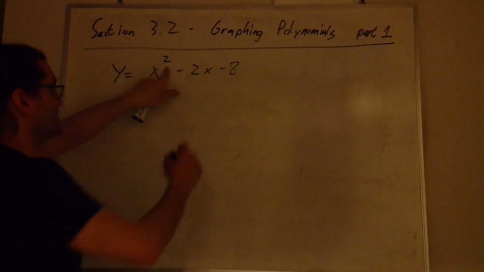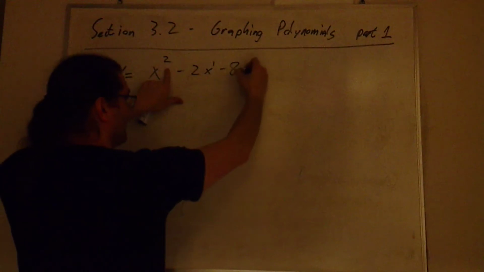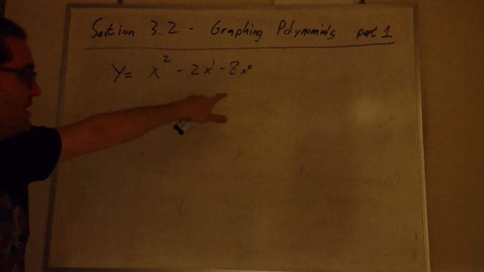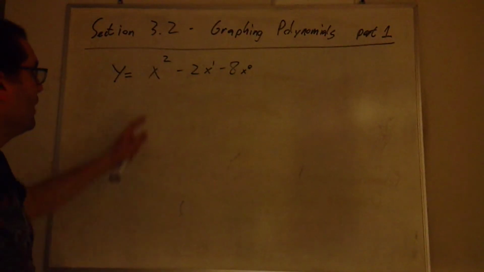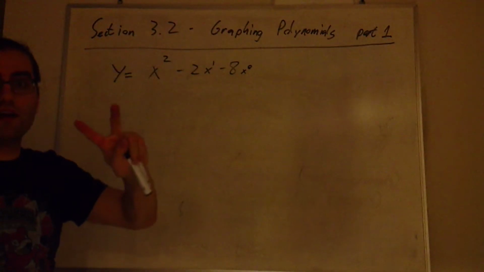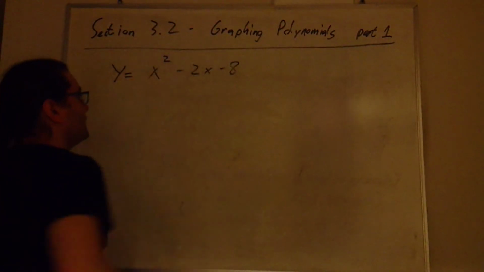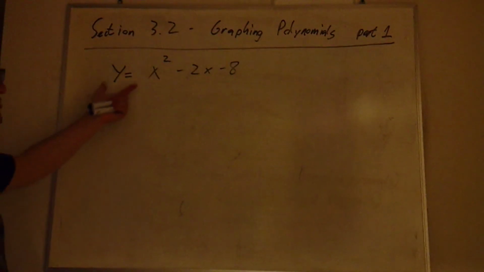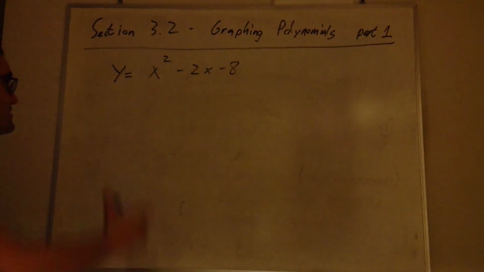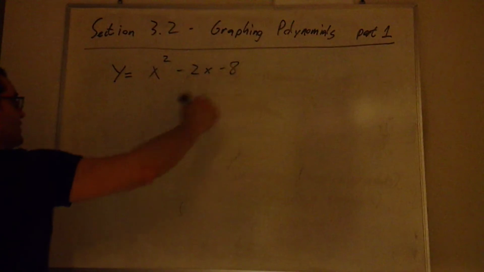Right now this thing has exponents of 2. This thing technically has an exponent of 1. If you want to be very precise, this thing has an exponent of 0. We just usually don't write that. So all of these exponents, they're not fractions, they're not negative, so that's good. And there's no trig, there's no logarithms, there's no exponential expressions. This is just polynomial, no weird stuff. Good, clean fun.